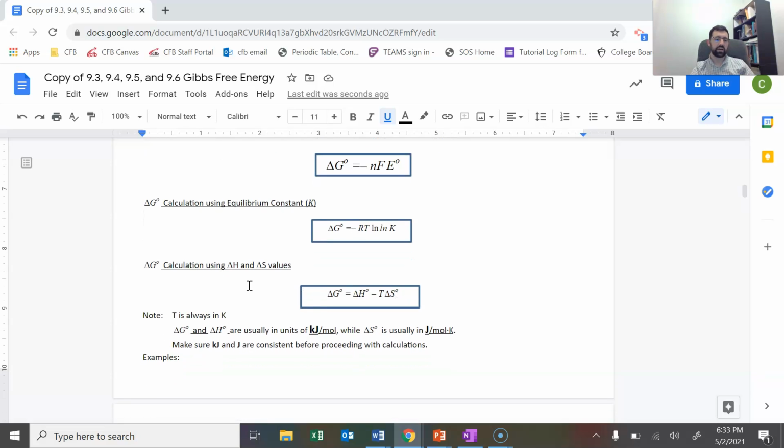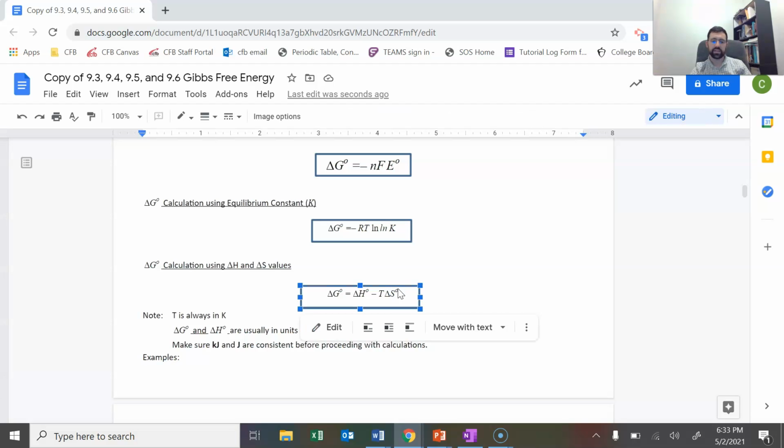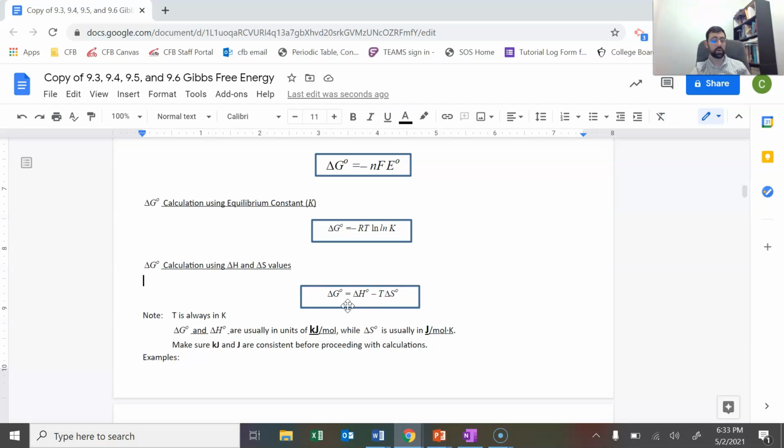It could also be calculated using delta H and delta S values, and I do want to talk to you a little bit about this today. So delta G equals delta H minus T delta S. We've talked about delta S, and now we've talked about what delta G is. Think about the signs here.